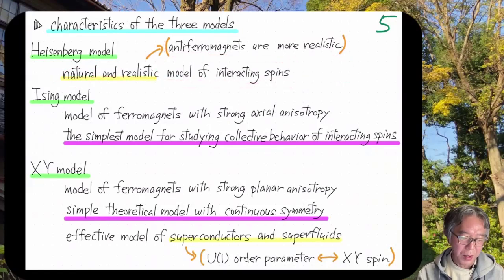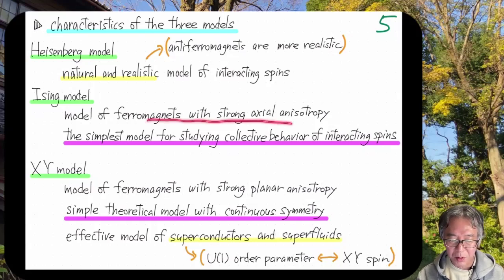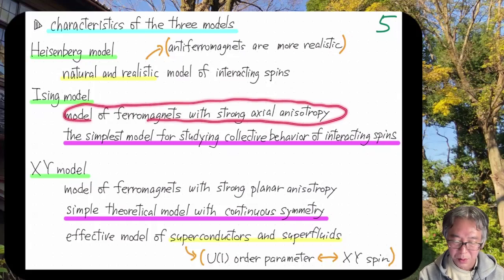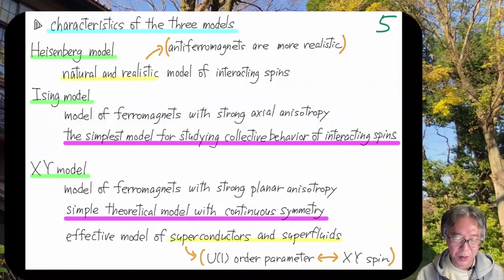And the Ising model, again, this is very important. And this is a model of ferromagnets with strong uniaxial anisotropy. In actual material, you always have some anisotropy. So if you have some nice anisotropy, then you may model a magnet rather faithfully by using the Ising model.